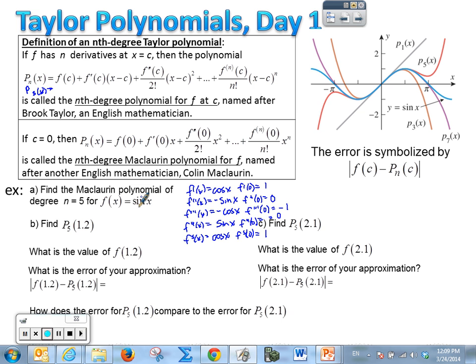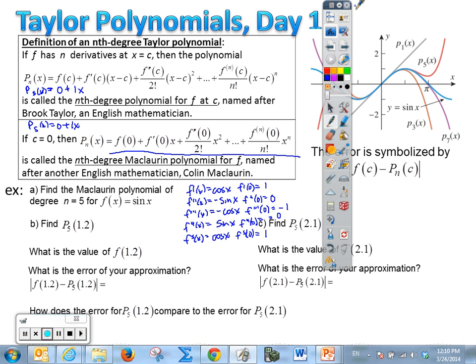So sine of 0 is 0, plus my first derivative value, which is a 1, multiplied times x. We're using the Maclaurin formula right here. It might be easier if I wrote it down here: 0 plus 1x.